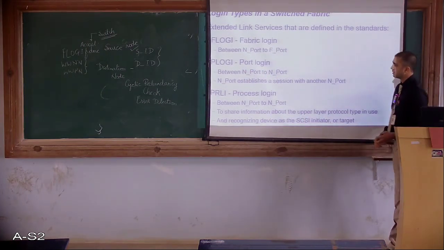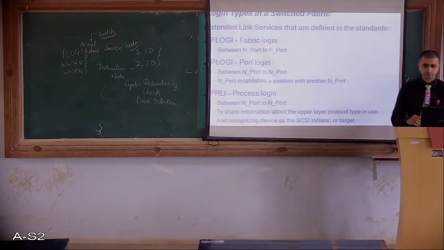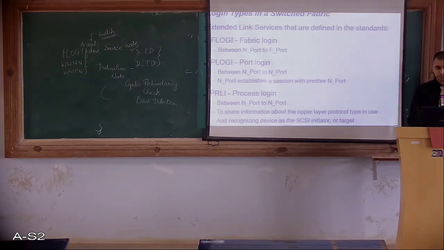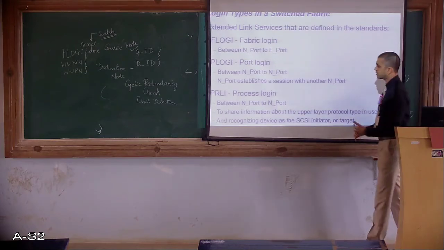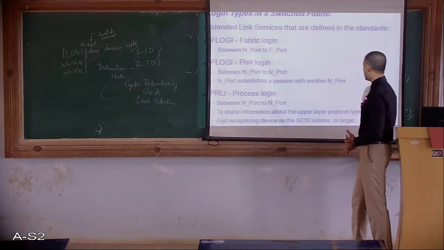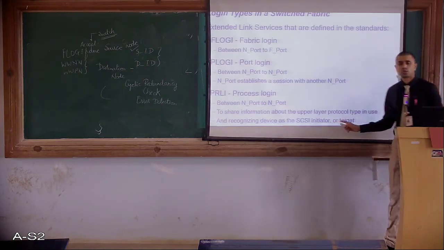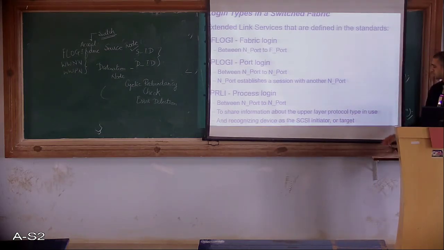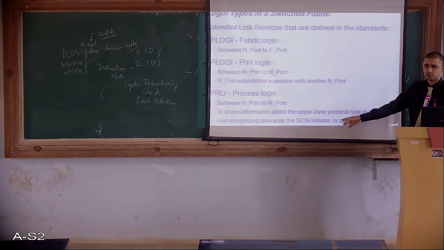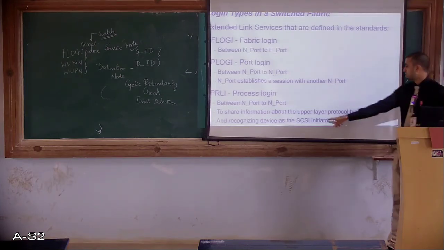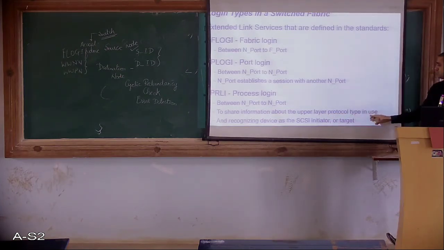The next one is called the process login. What does the process login tell? The process login happens between two N ports to share information about the upper layer protocol in use. If you recall the fiber channel protocol stack, there are certain upper layer protocols present in the FC4 layer which are in use.